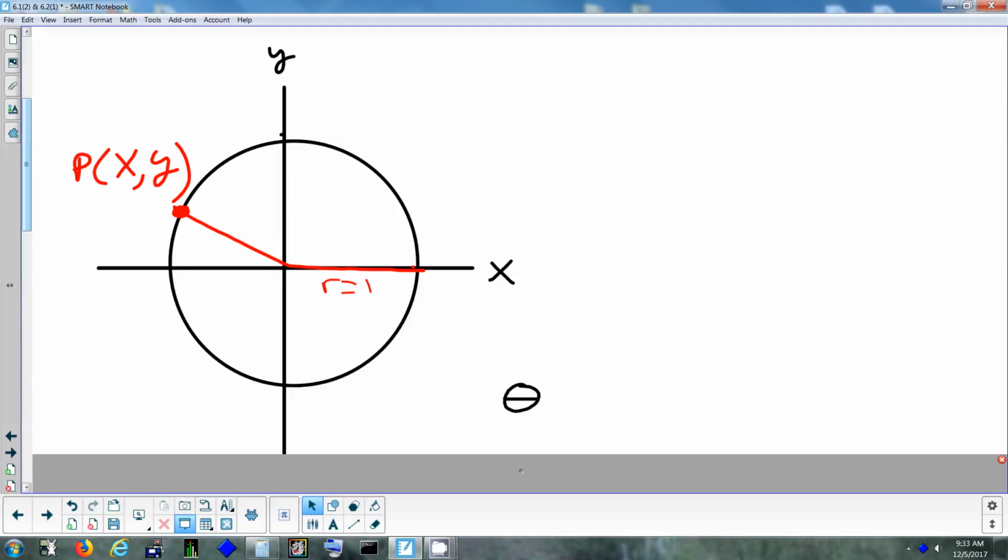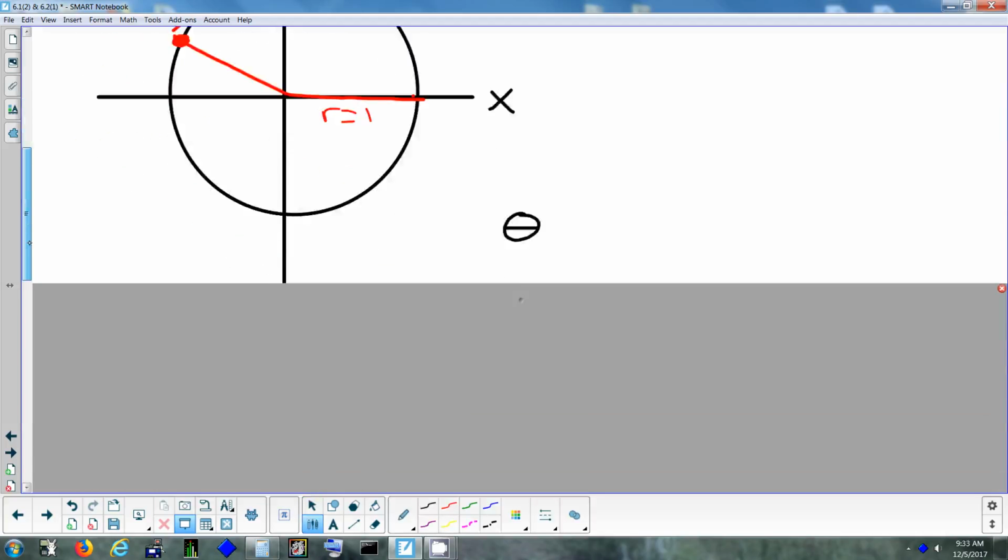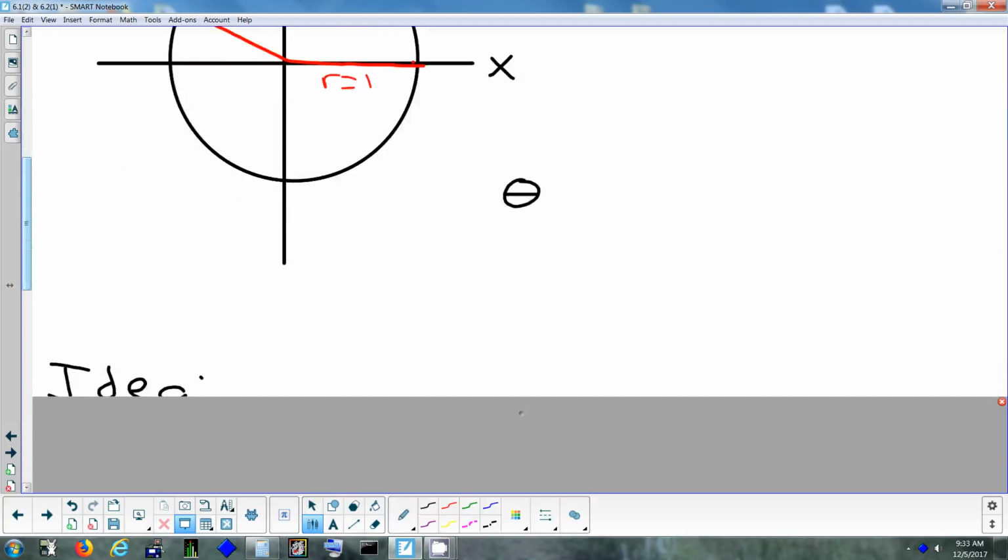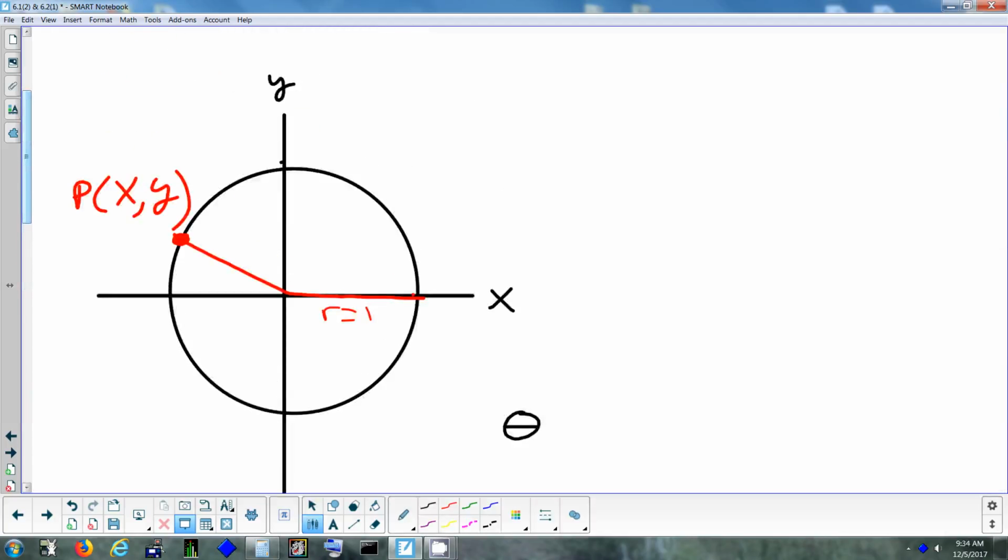Very easy to figure out if you're on an axis. And let's look at those coordinates right now. I'll erase this and just draw right on it again. So if the radius is 1, this is the origin, that's 0, 0. What would be the coordinates of that point right there?